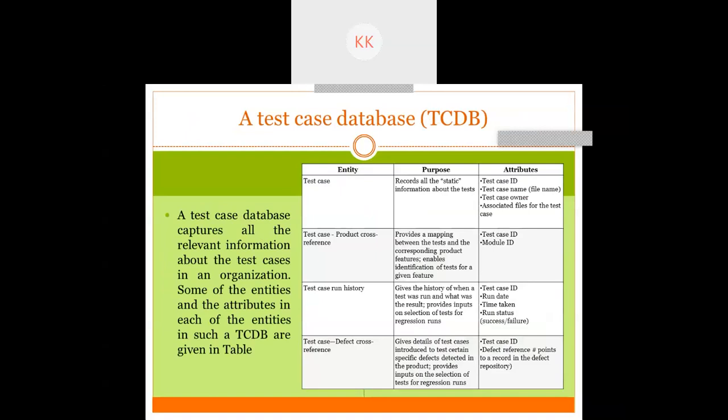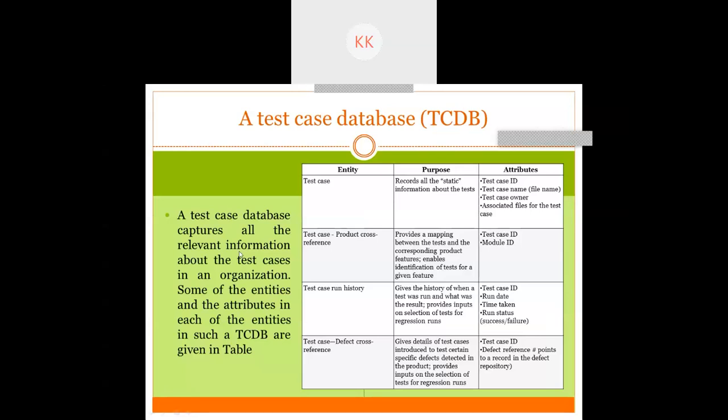So here is an example of what the test case database can look like. For example, it may have three attributes: entity, purpose, and different attributes for that particular test. The test case database captures all the relevant information about the test cases in an organization.